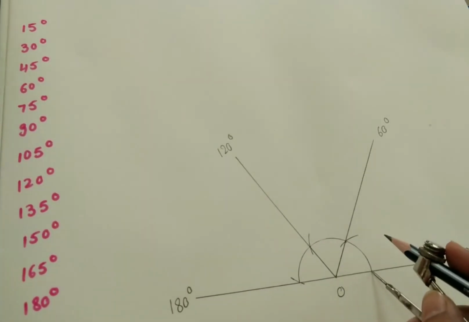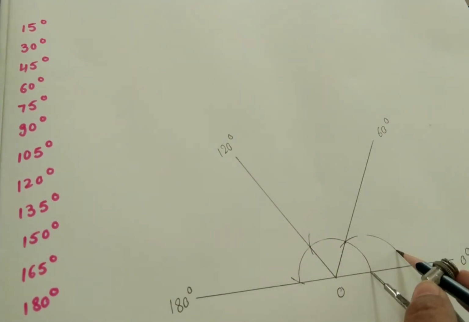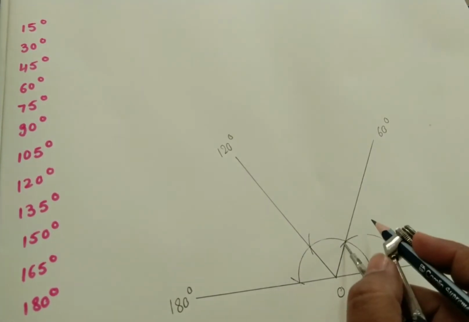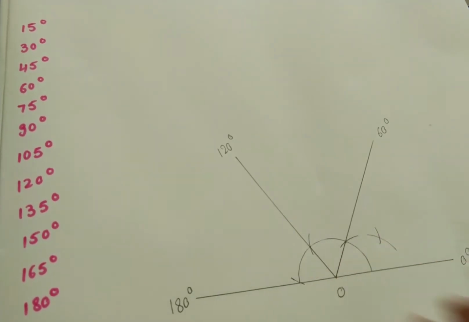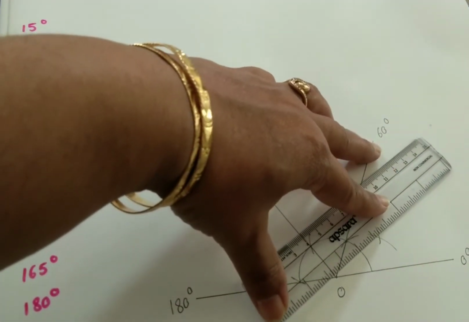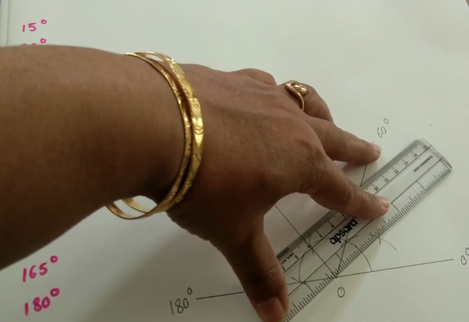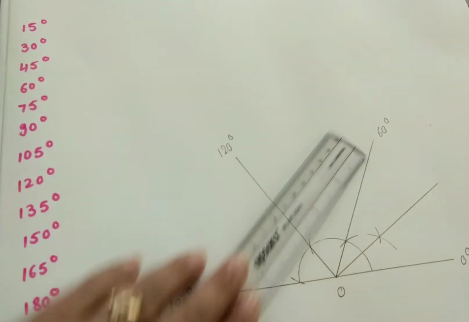We will keep the compass at 0 degree like this and make an arc, and from 60 degree we will make an arc here. So in between 0 and 60 degree we will get 30 degree angle.